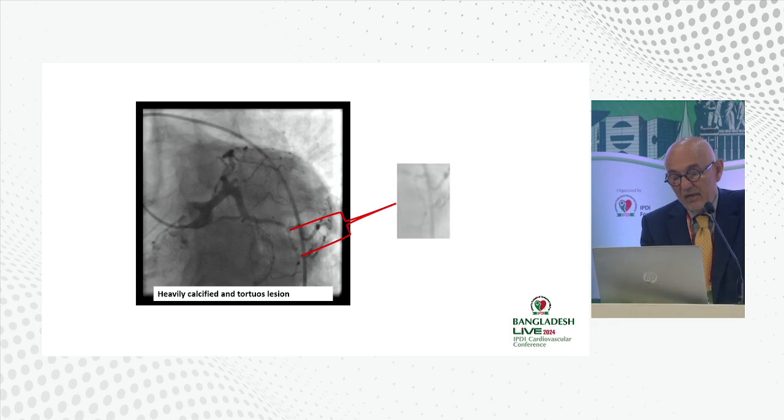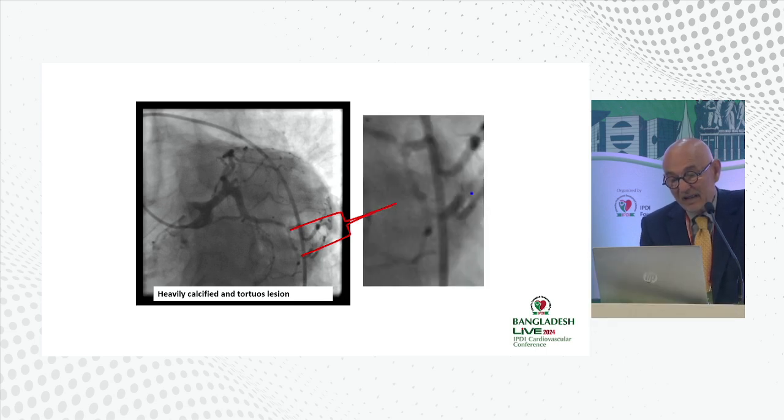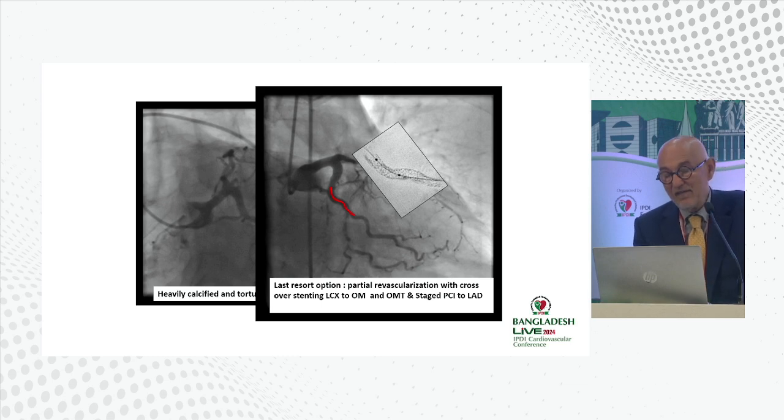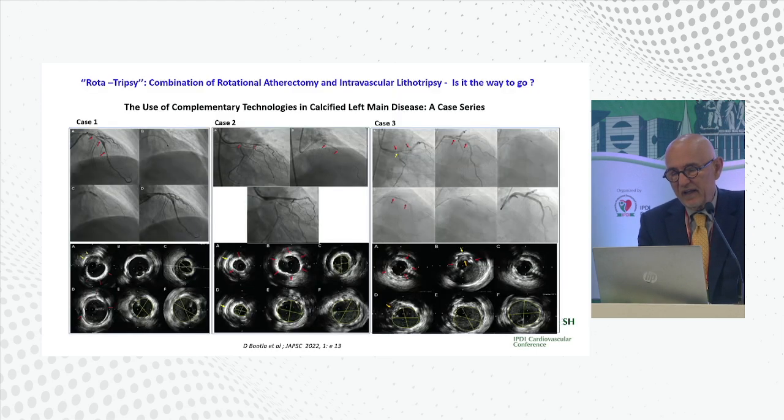You see that there is heavy calcification and tortuosity, and it was not crossed by the rota. So the rota failed to cross. In this case, we decided to only stent the main vessel, crossing over from the circumflex to the big marginal, and to leave the distal circumflex without treatment, managed by medical therapy only.